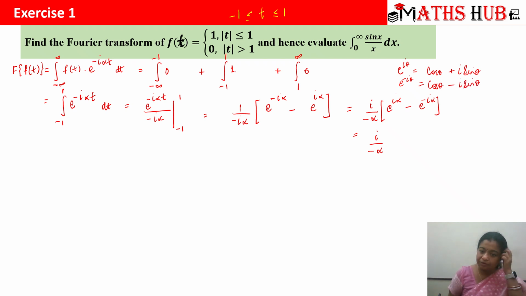So when you subtract them, cos theta will get cancelled and you will get e to the power i theta minus e to the power minus i theta as 2 times i sine of, in this case, sine alpha, right? So i square becomes minus 1. So this is nothing but 2 by alpha sine of alpha, correct? Now from here, I get the result for the Fourier transform.